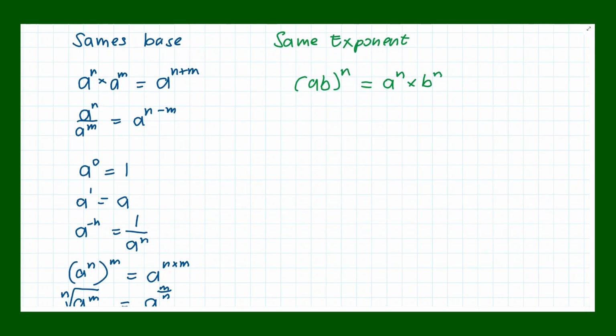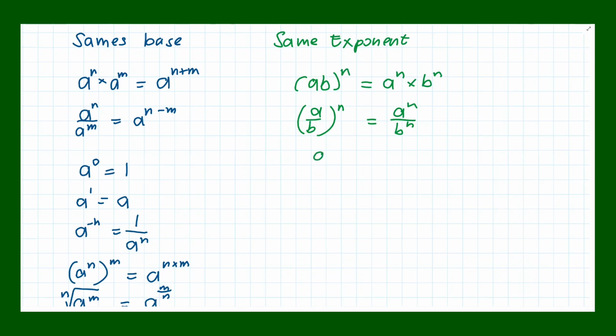Now, in algebra, remember, if there's nothing in between the numbers, in this case letters, then it's always multiplication. What happens if I have a fraction with a different numerator and denominator, and I raise that fraction to the same power? Well, I can raise the numerator and the denominator separately. The numerator is the top number, the denominator is the bottom number.